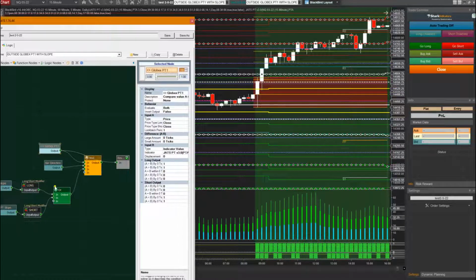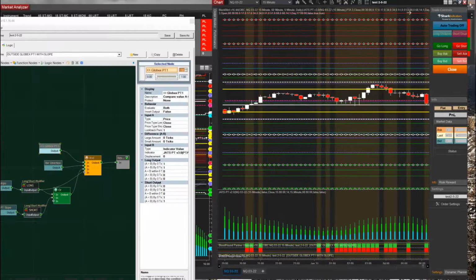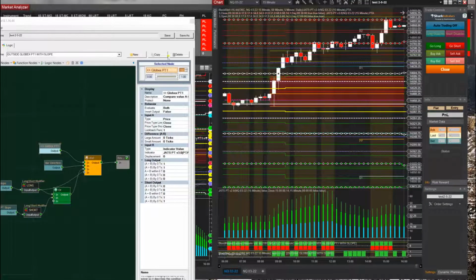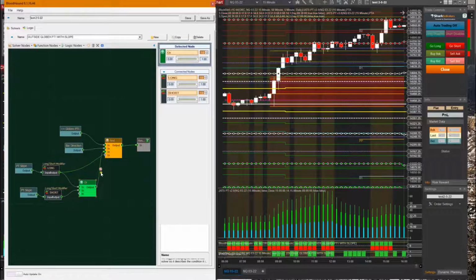And then we can require the slope to be long, so long slope only, so you see that there's no short slope. You can differentiate the long and short slopes easily. And you can also require that short slope be for short signals.